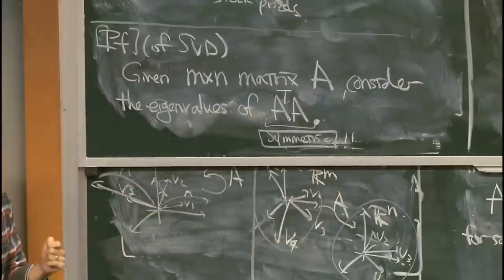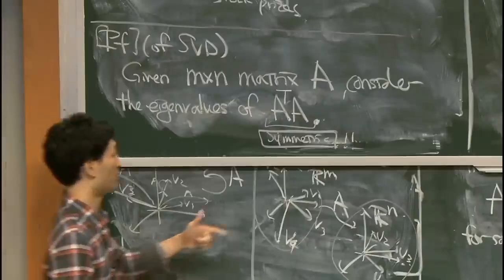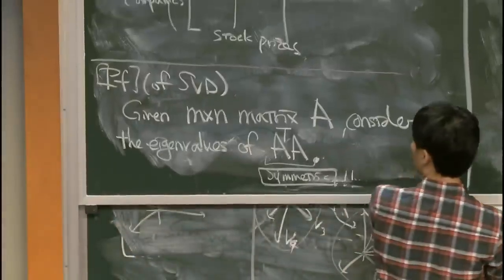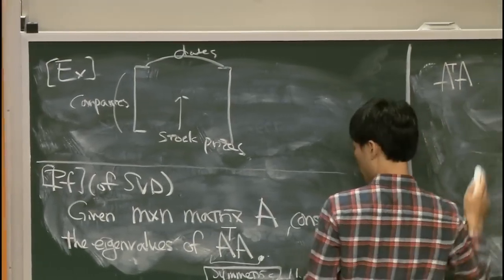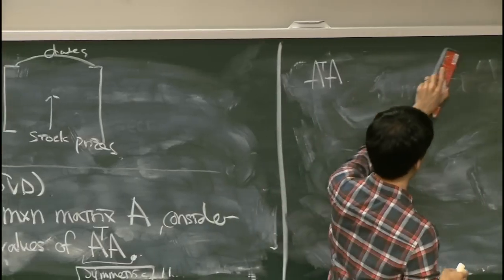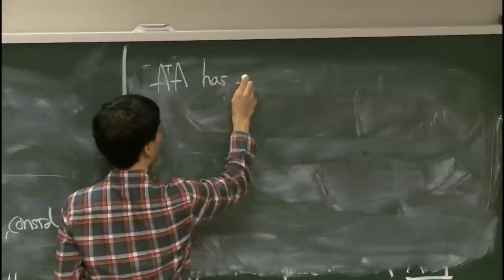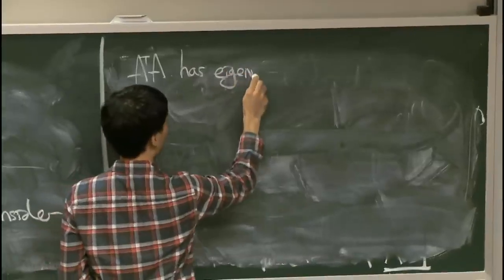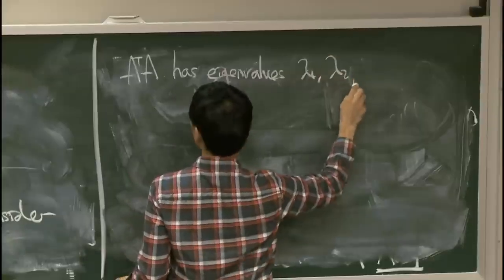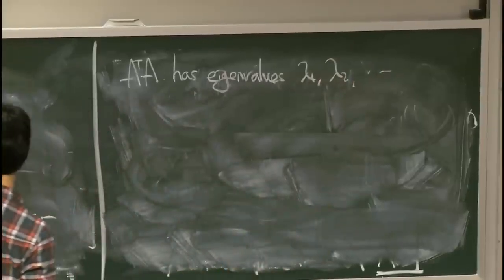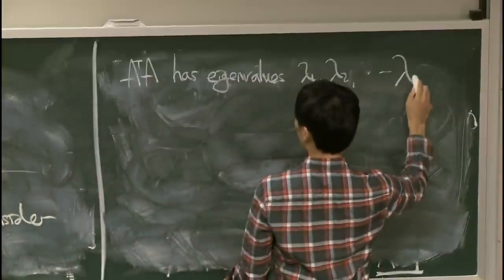So if you remember, it will have real eigenvalues, and it's diagonalizable. Okay. So A transpose A has eigenvalues lambda 1, lambda 2, up to, it's an m by n matrix, so lambda n.